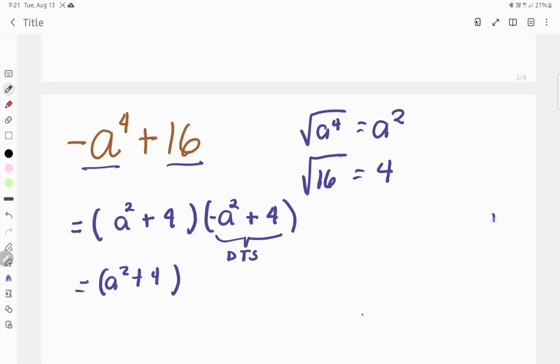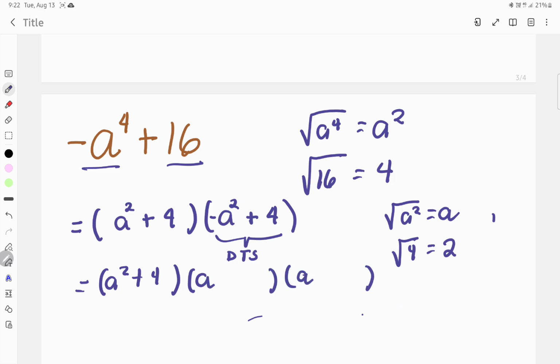And then we check this one. Remember, what is the square root of a squared? That would be a. And then what is the square root of 4? That would be 2. So as you can see, we can have another factor where I'm creating another two grouping symbols. So I have a here and another a.